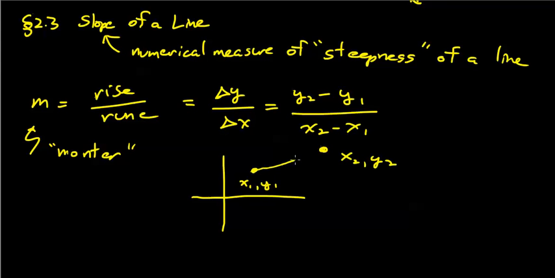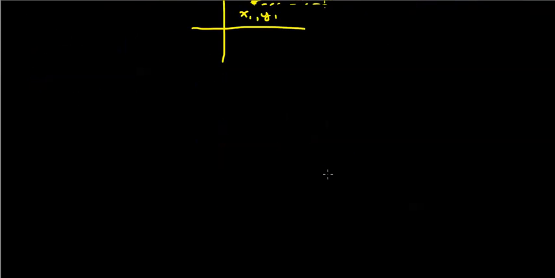I usually define what I call my slope triangle. My rise is the vertical distance between those 2 points, and the run is the horizontal distance between those 2 points. So informally we like to think of slope as rise over run.